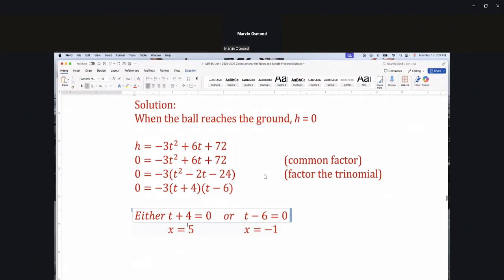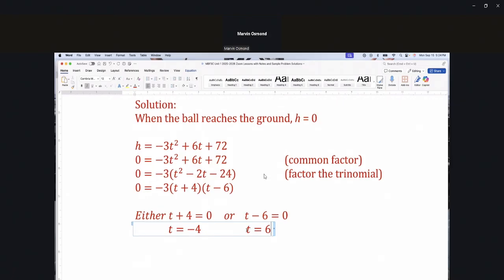If t plus 4 is equal to 0, then t is going to be the opposite of 4, so t in this case would be -4. And in this one over here, t is going to be +6.